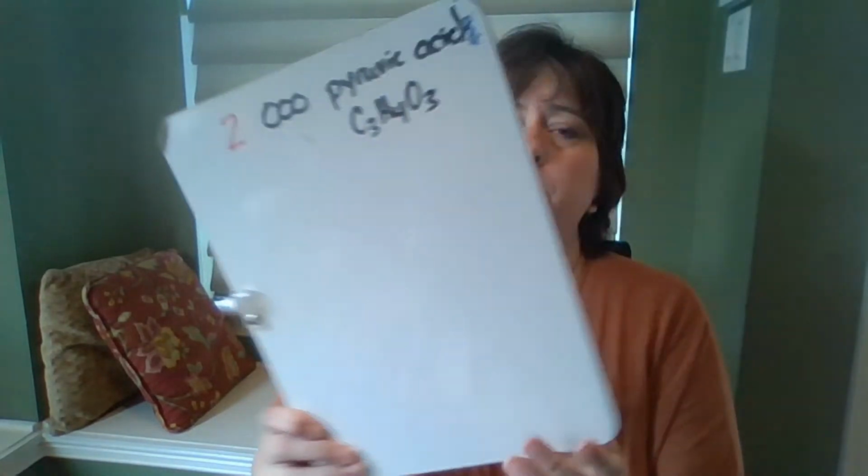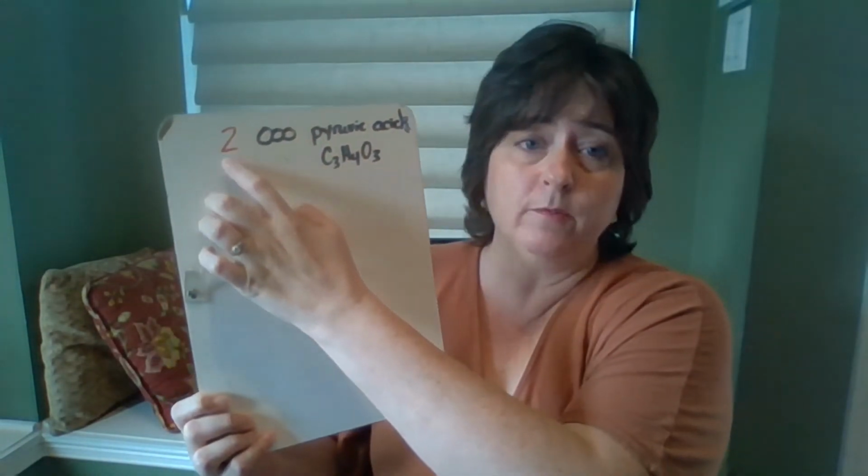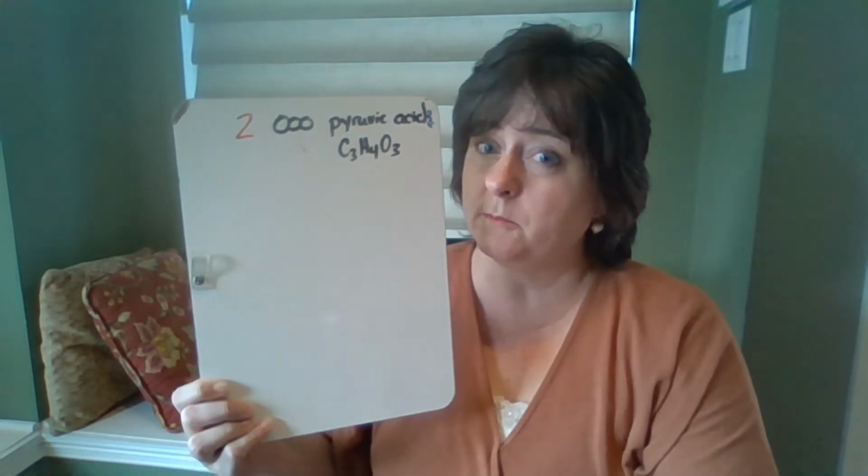All right, I'm going to switch to my board. There's my pyruvic acids. Remember, I got 2 pyruvic acids per molecule of glucose. So I'm going to put a big 2 in front of everything we do. So keep that in mind. All right, first thing that happens to pyruvic acid is it is going to get decarboxylated. We are going to remove a CO2, which is called decarboxylation.